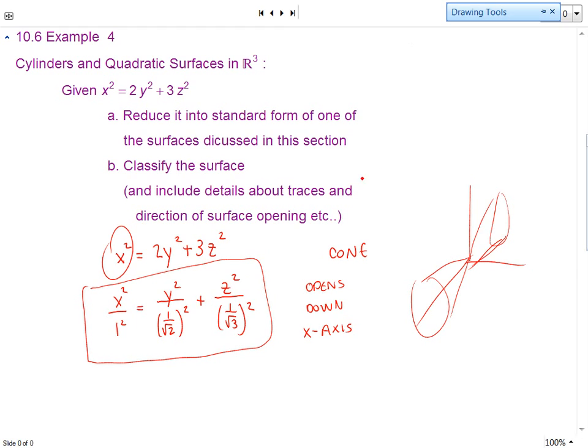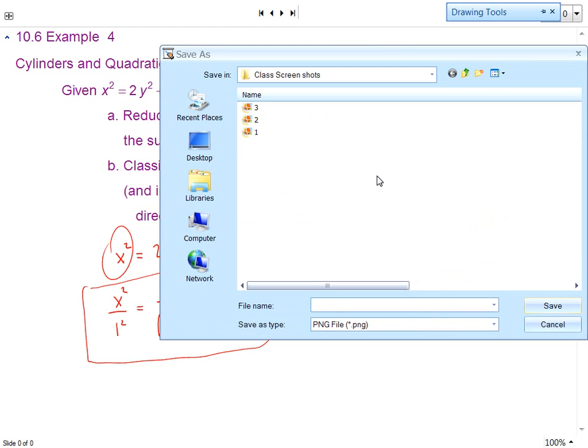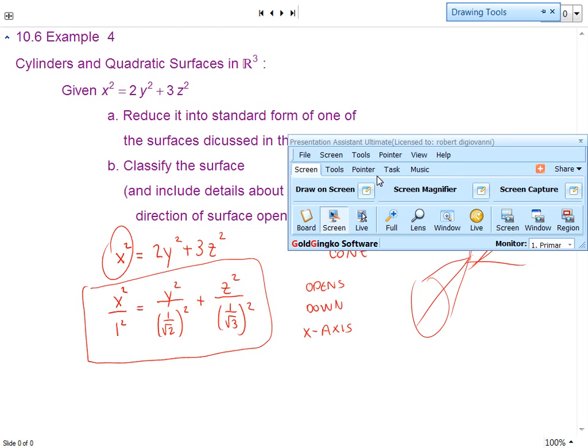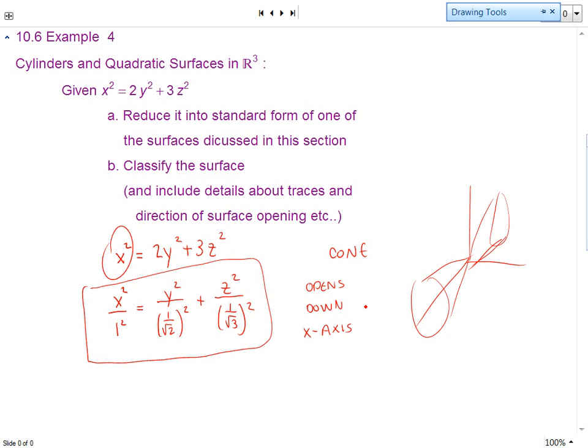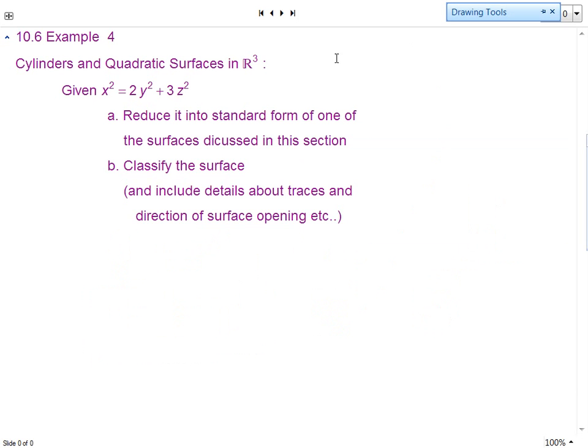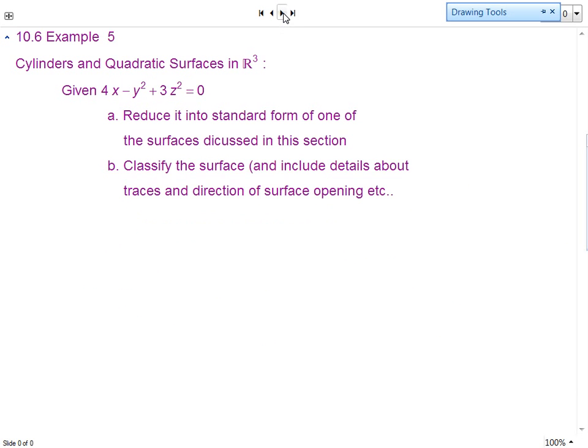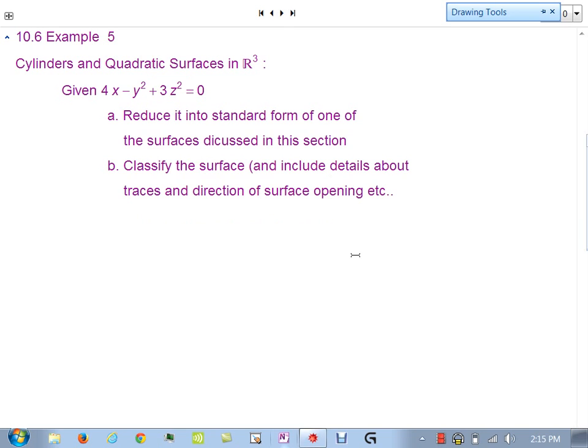All right, I'm going to copy that real quick. I'm on 4. Clear. The next one, same thing, right? You can already eliminate some things because you've got one variable that is not squared.